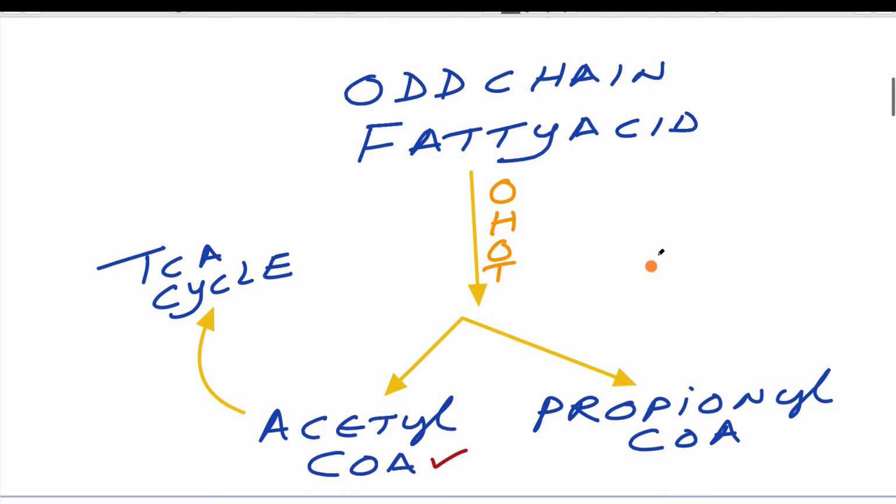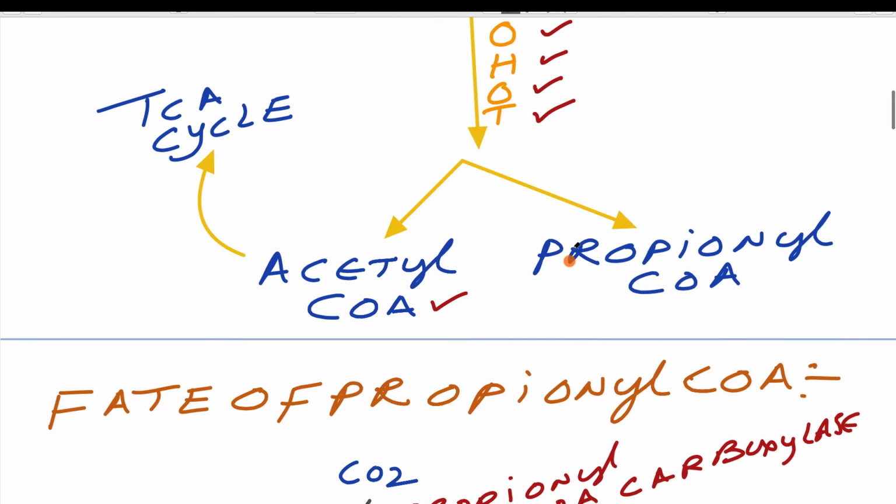But the sequence of reactions in even chain and odd chain fatty acids is the same: oxidation, hydration, oxidation and thiolytic cleavage. At the end there is production of acetyl coenzyme A, which can be used in the tricarboxylic acid cycle. The other one is propionyl coenzyme A in the oxidation of odd chain fatty acids.